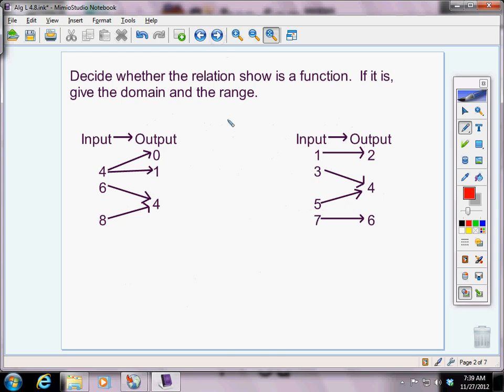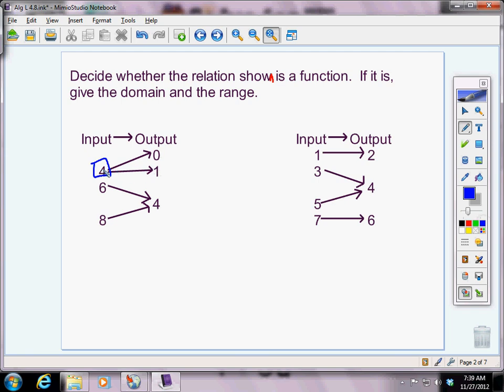Now, these are called mapping diagrams, and it says here, decide whether the relation shown is a function. If it is, give the domain and range. Alright, so let's talk about a couple of things here. Look at our inputs. If I input this 4, it has arrows going to the 0 and the 1.